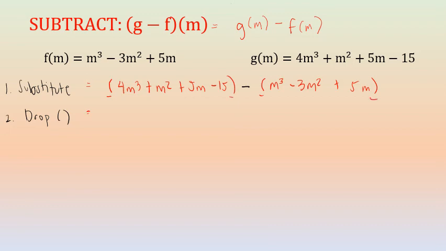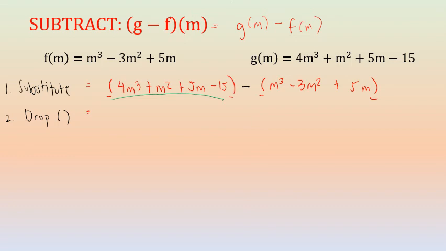And kanina napag-usapan natin sa previous example, in subtracting functions, dito sa unang function natin, let's underline this one, ginagawa natin is automatic dinadrop lang natin siya, yung parenthesis natin dito.